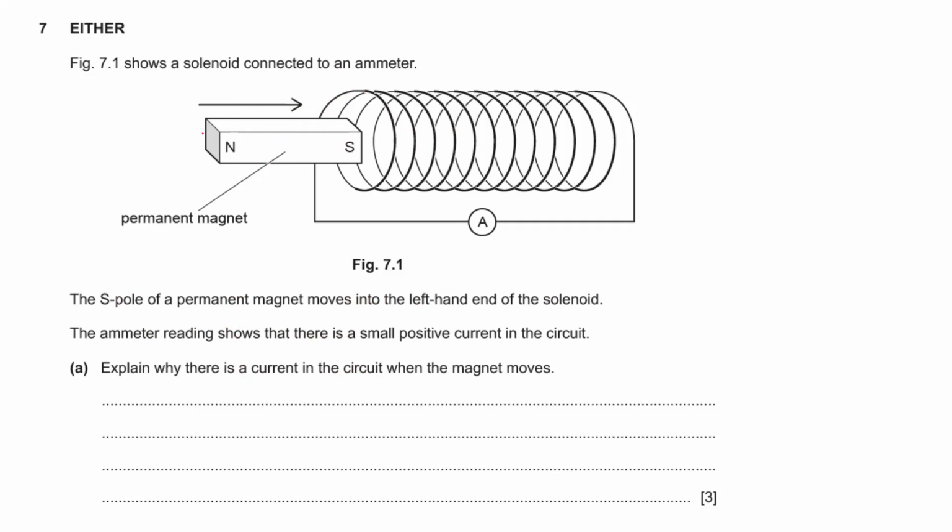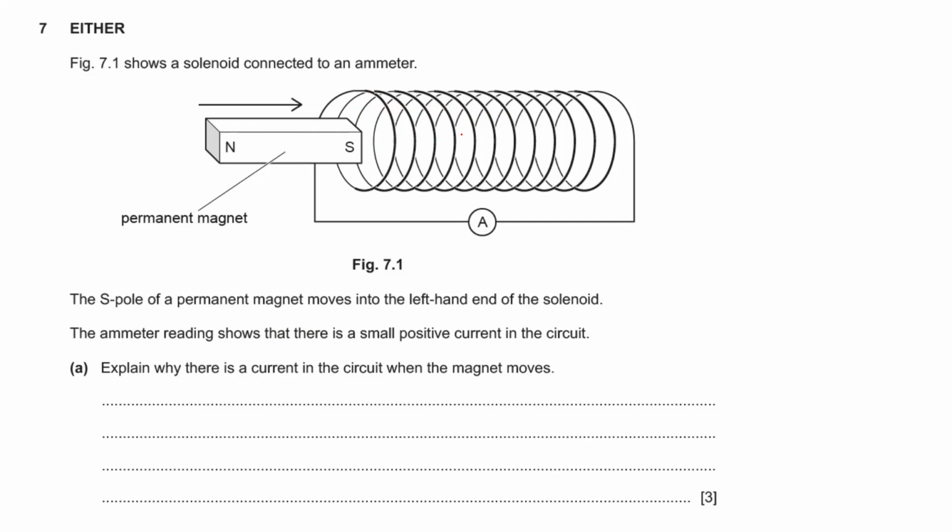So remember, a permanent magnet will have a certain magnetic field from north to south, right? So the magnetic field will be emitting from the north and going to the south, and as this magnet moves inside the coil, these magnetic field lines cut this coil, and that cutting results in change of flux across these conducting coils or across the solenoid, and that change in magnetic flux results in production of EMF.